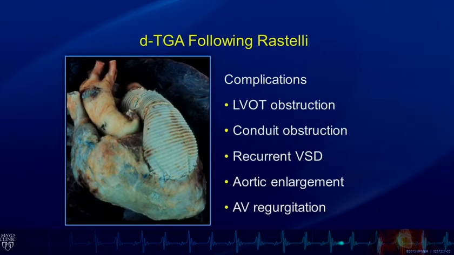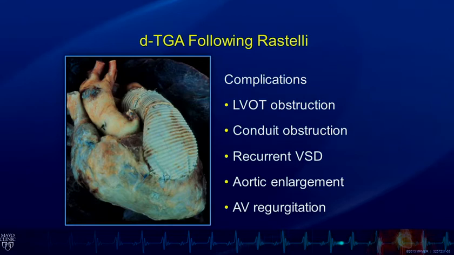The Rastelli we discussed, again, an operation performed for detransposition in a patient with an associated ventricular septal defect. So the ventricular septal defect is closed so as to redirect the blood from the left ventricle to the aorta, and then a conduit is placed from the right ventricle to the pulmonary artery.